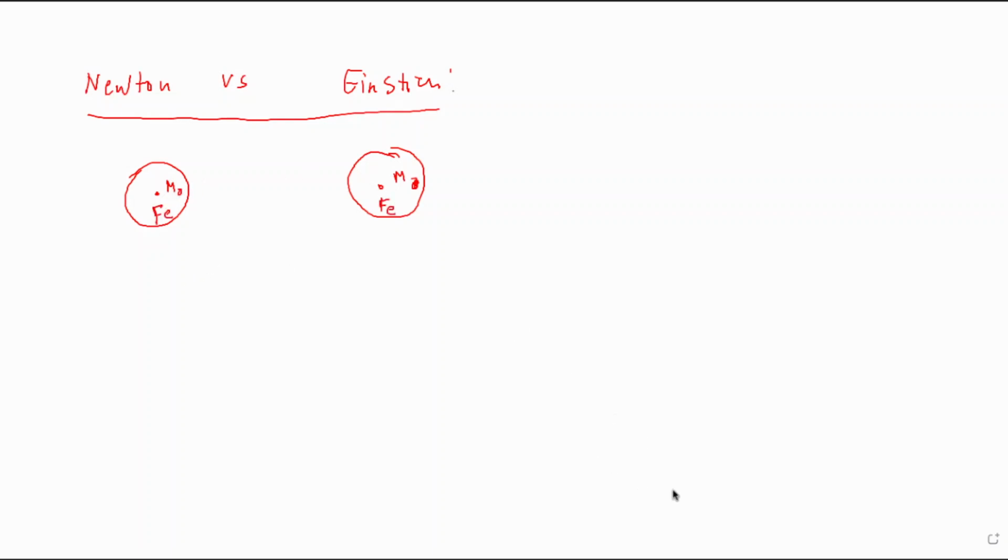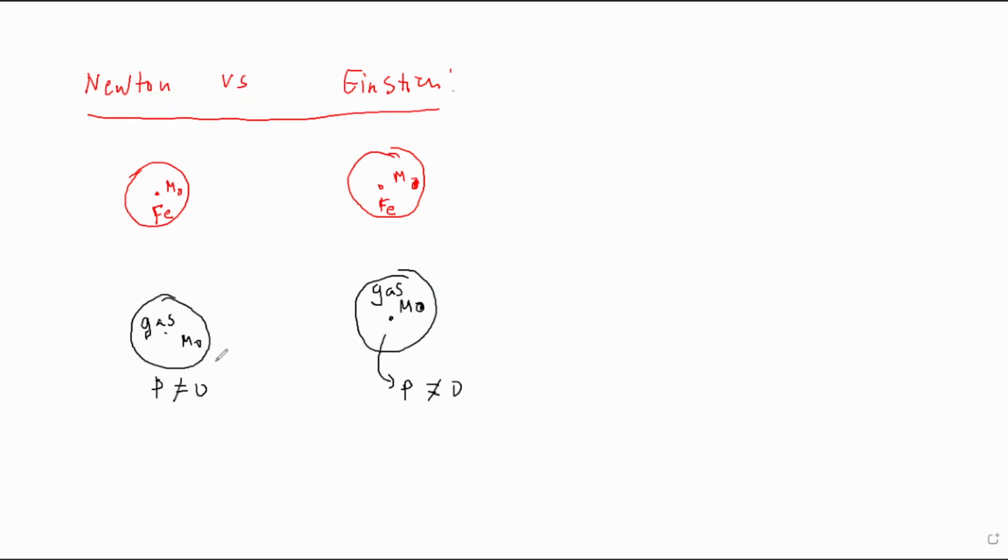Now let me take another situation where the mass is the same, m naught, but it is made up of some very relativistic gas. That means here the pressure is not zero. As we remember, for relativistic species or gas, pressure is not zero, but for heavy matter like iron, pressure is zero.